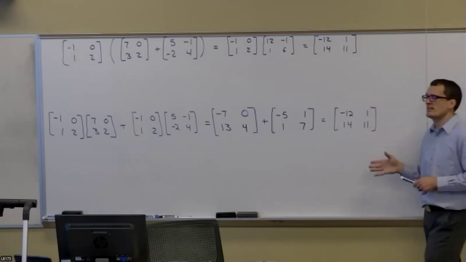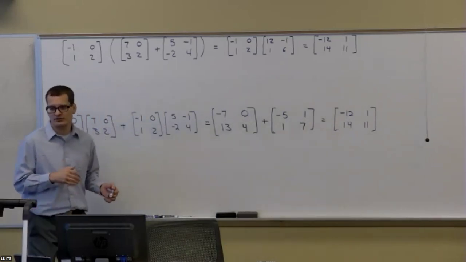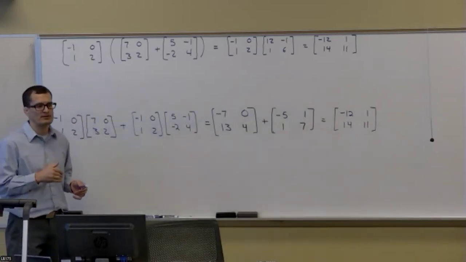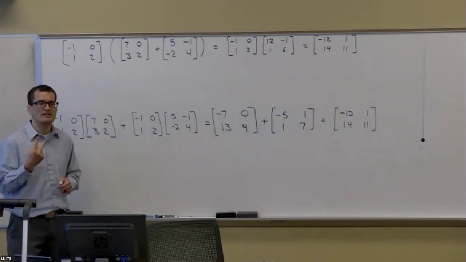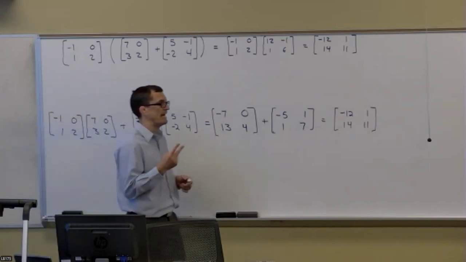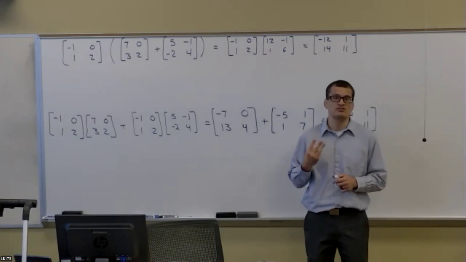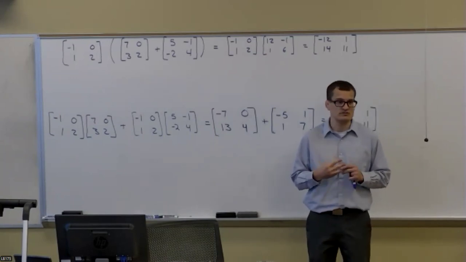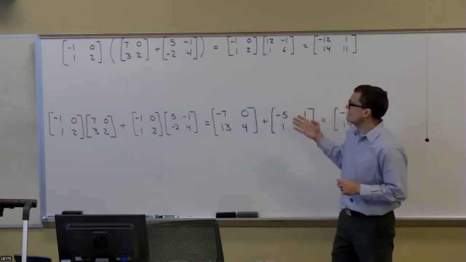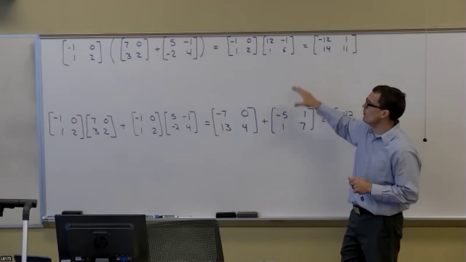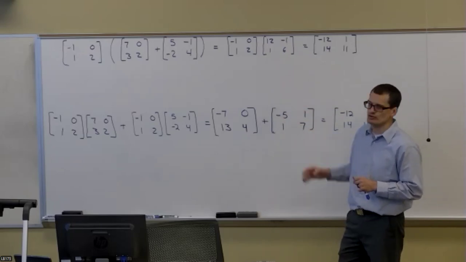So what this is telling us is that even though commutativity does not hold up with matrix multiplication, other properties from the real numbers do. Addition, when we add two matrices, it is commutative. Turns out associativity also works. And this is one example that shows that distribution will hold.